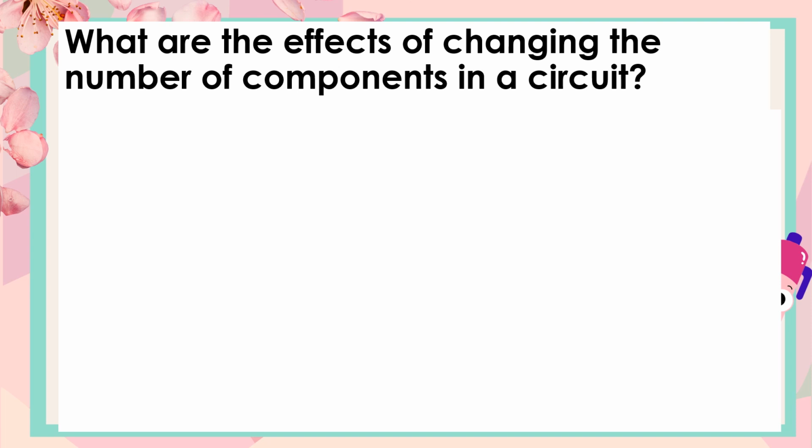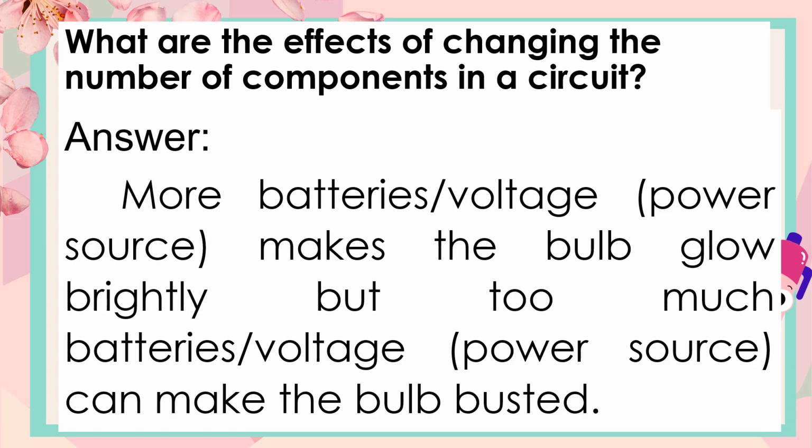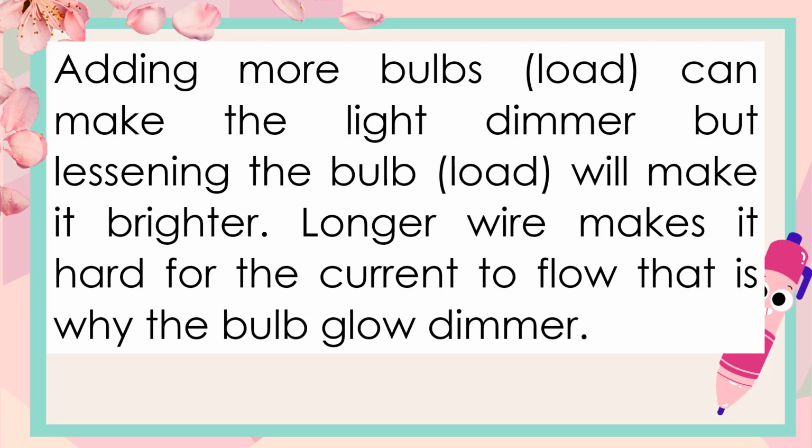What are the effects of changing the number of components in a circuit? More batteries or voltage or the power source makes the bulb glow brightly, but too many batteries or too much voltage can make the bulb bust. Adding more bulbs or load can make the light dimmer, but lessening the bulb load will make it brighter.